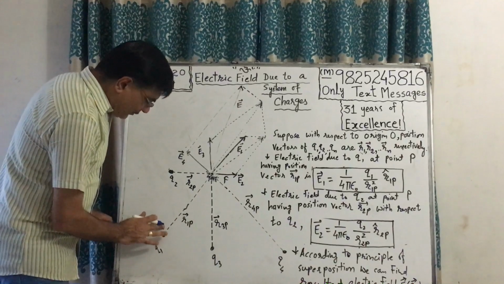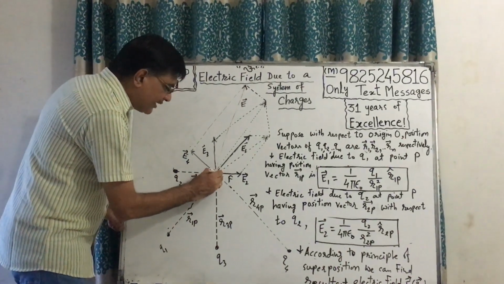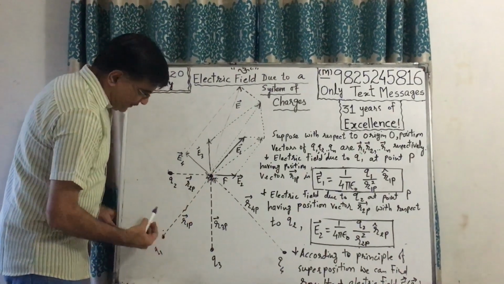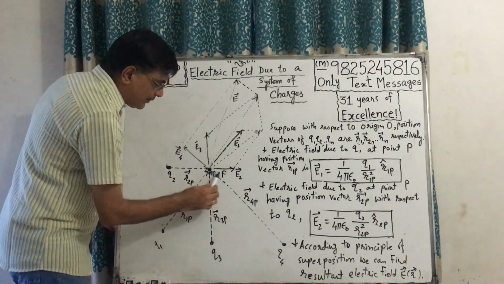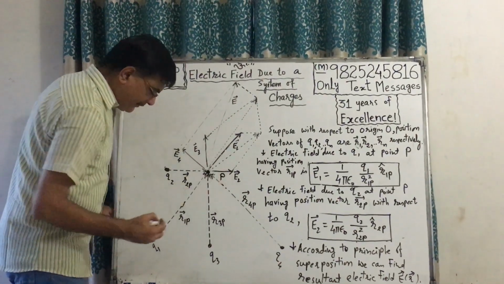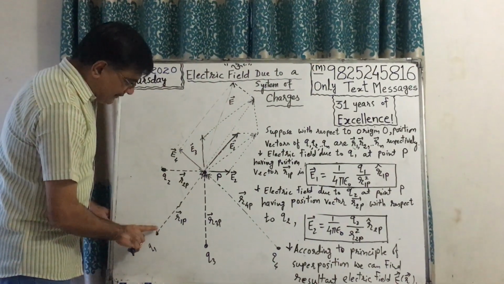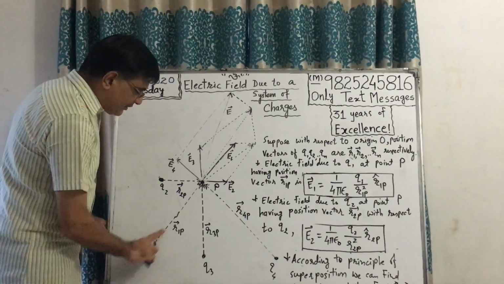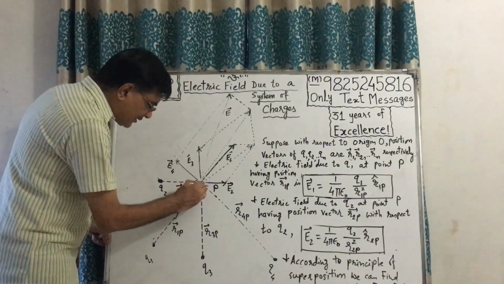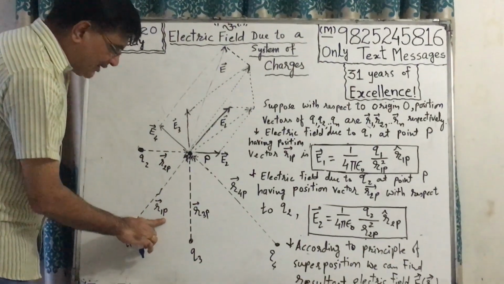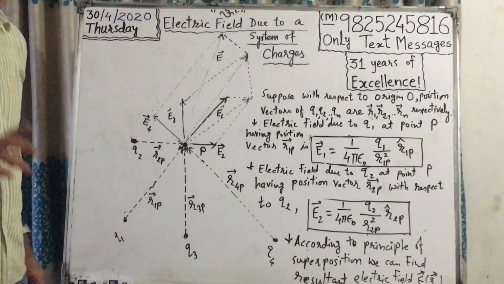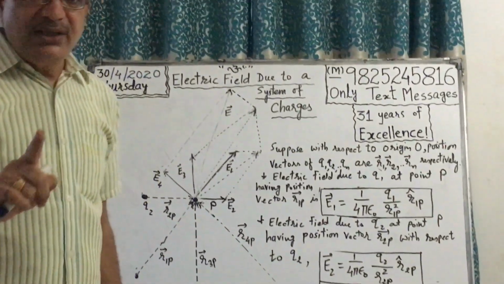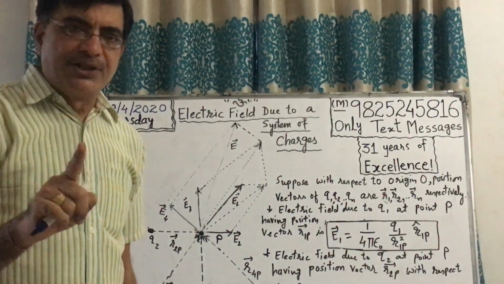Now I have to find the electric field intensity due to this system of charges at point P. The position vector of point P with respect to Q1 is vector R1P. Draw the vector here, because we have written vector R1P. In many books the figures are not correct, so please draw the correct figure.